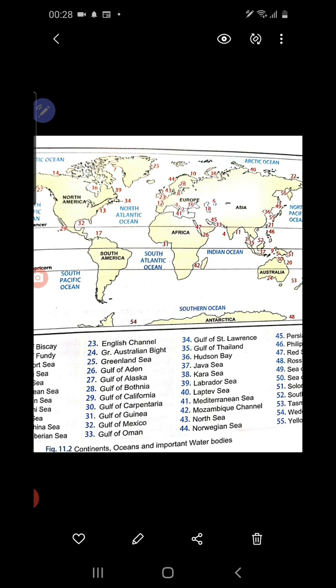Then in class 7 you will be studying about Africa and Australia. Then in class 8 you will study about Asia, Europe, and sometimes Antarctica. So from class 6 to class 8 you will be studying about all the continents.